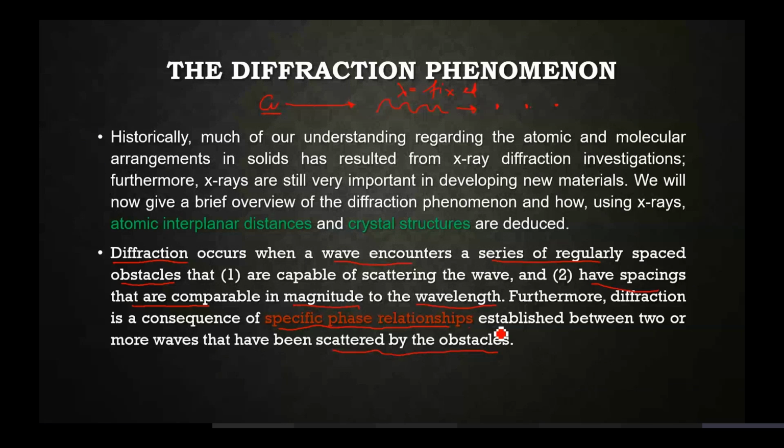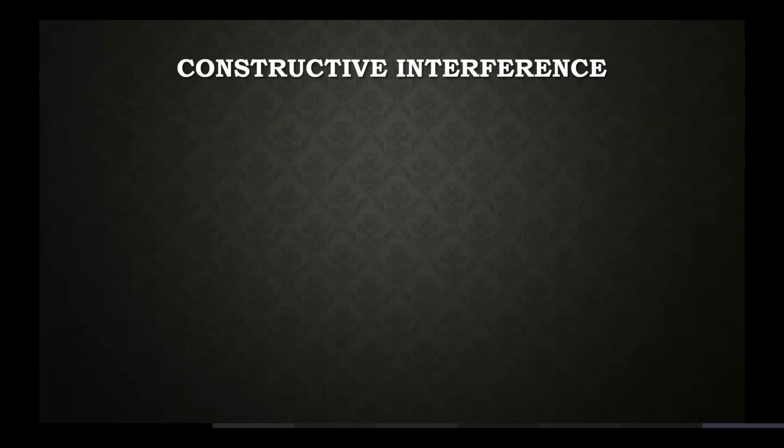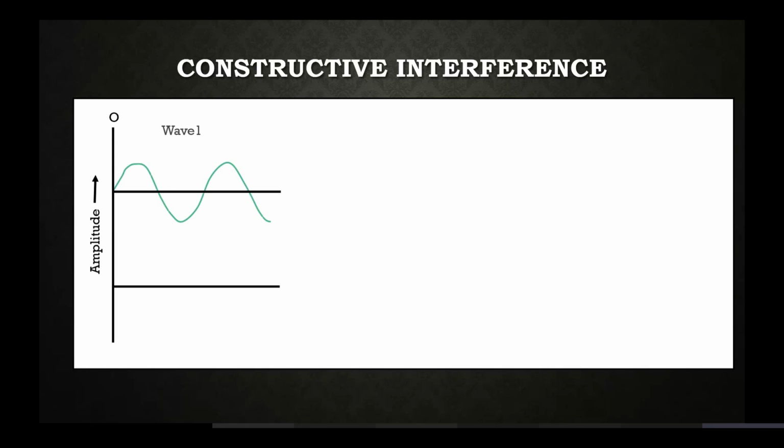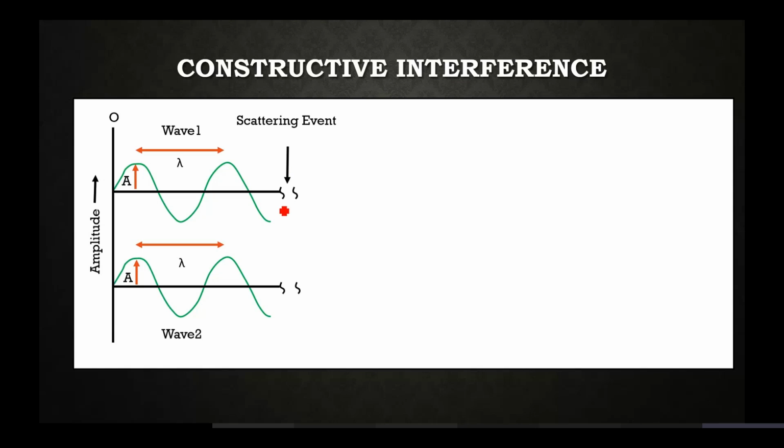You have two X-ray waves, wave 1 and wave 2, having lambda as the wavelength and A as the amplitude. When these waves interact with a material having a specific periodic arrangement, a series of obstacles, two extreme events could take place.